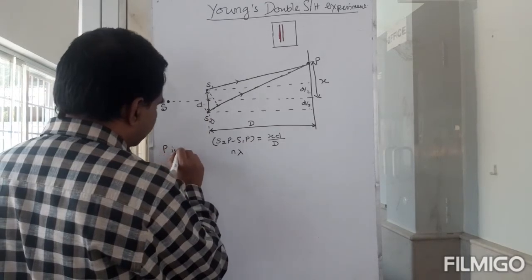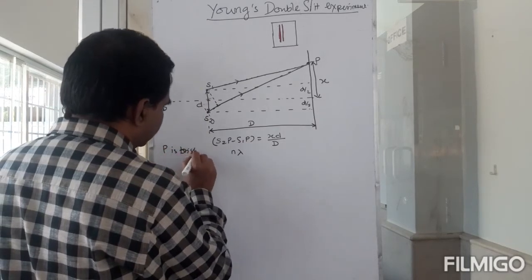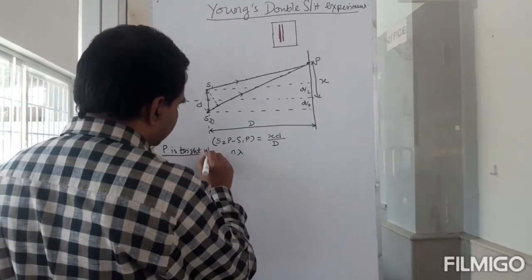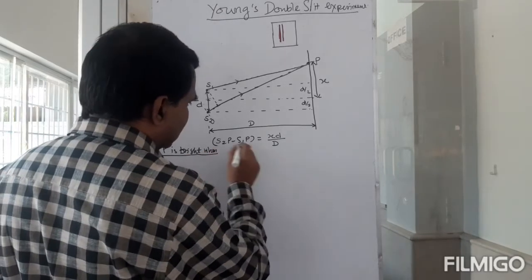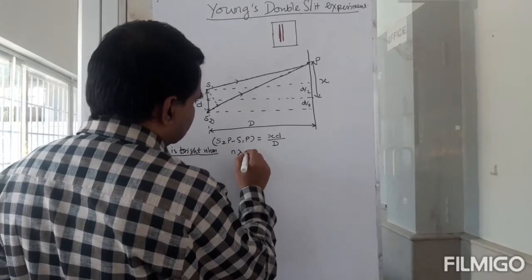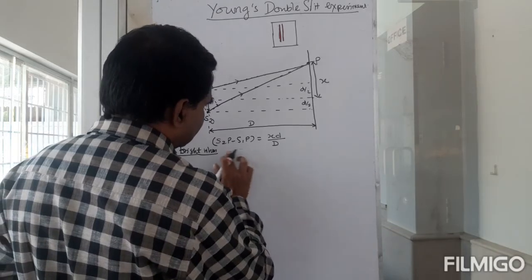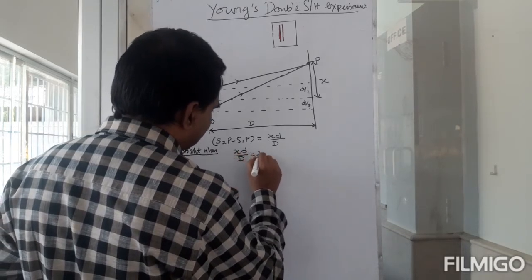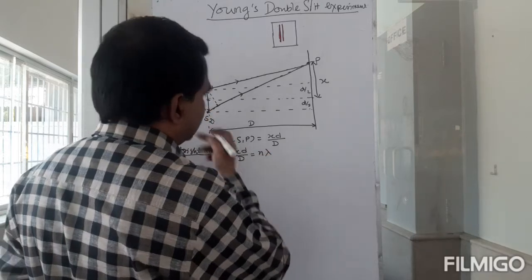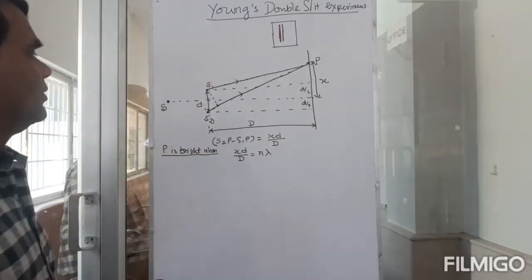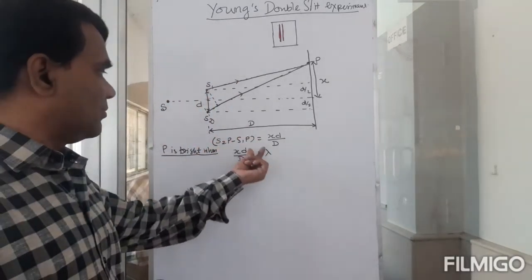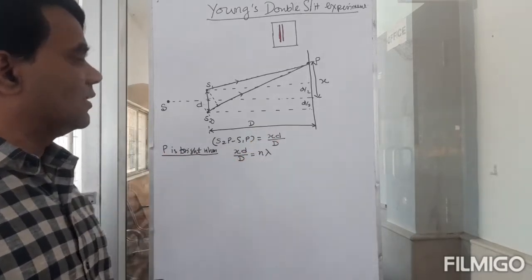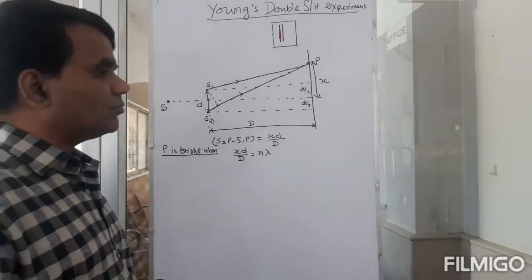P is bright when xd by D is equal to n lambda. Okay. So the path difference must be equal to n lambda. Then P is bright when this xd by D is equal to n lambda by D.